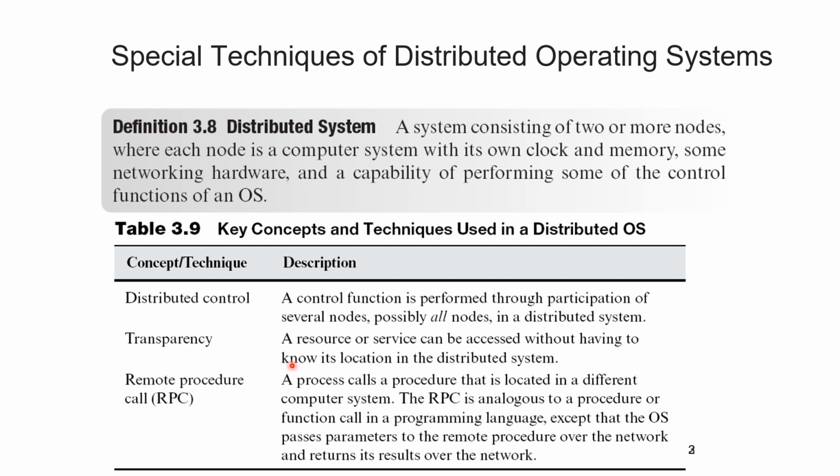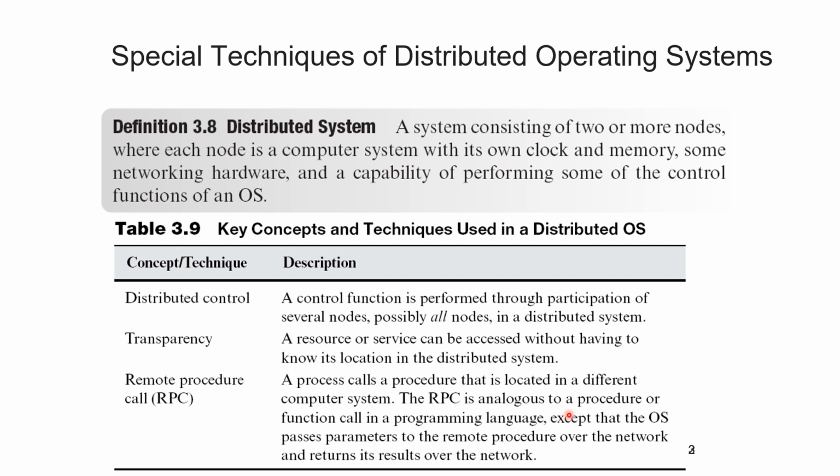And transparency: resources or services can be accessed without having to know their locations in the distributed system. Without knowing the locations, the resources or services can be accessed in a network. And remote procedure call, also called RPC: a procedure that is located in a different computer system.